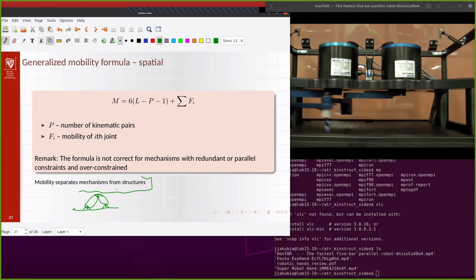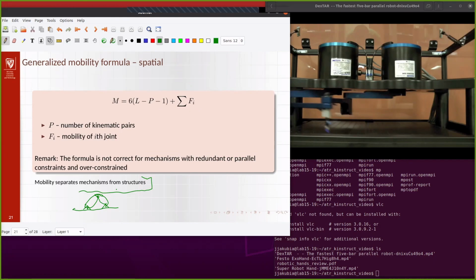What we need to remember is that the formula is not always correct. It is like a necessary formula.